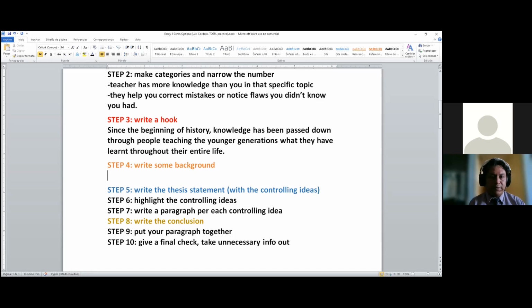Yeah, that's right. And then another sentence for background. Only one sentence.